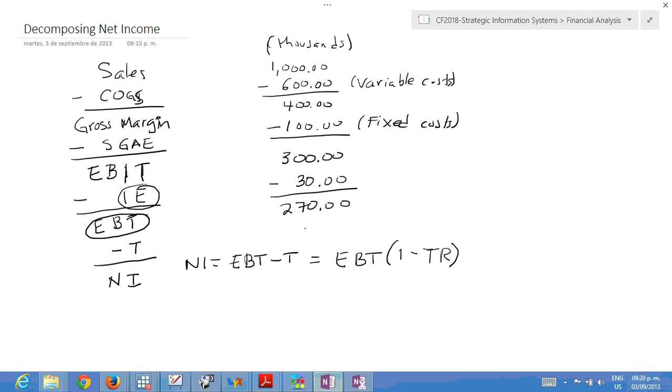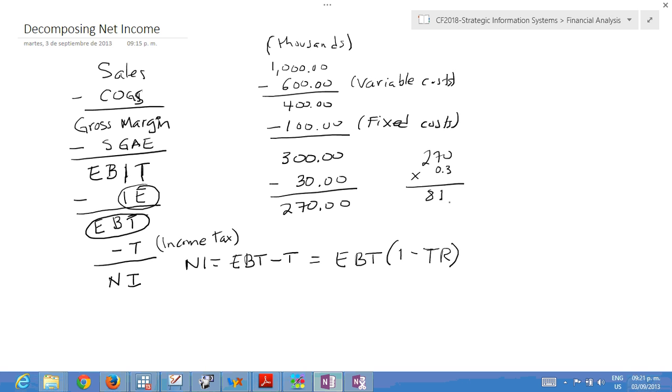Then imagine in Mexico the income tax is 30%. What is 30% of 270? You multiply: 3 times 7 is 21. 2 times 3 is 6, plus the other 2 is 8.